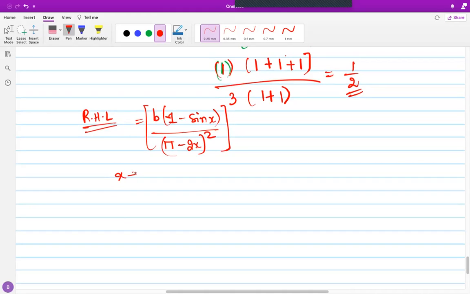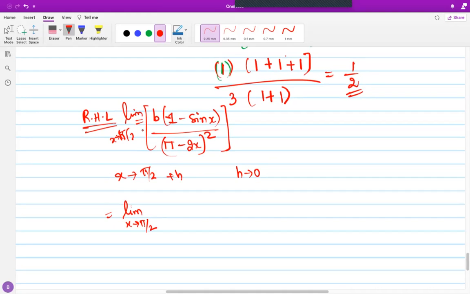So as x tends to pi by 2 plus h and h tends to 0. Here it's limit x tends to pi by 2, and here it is h tends to 0.